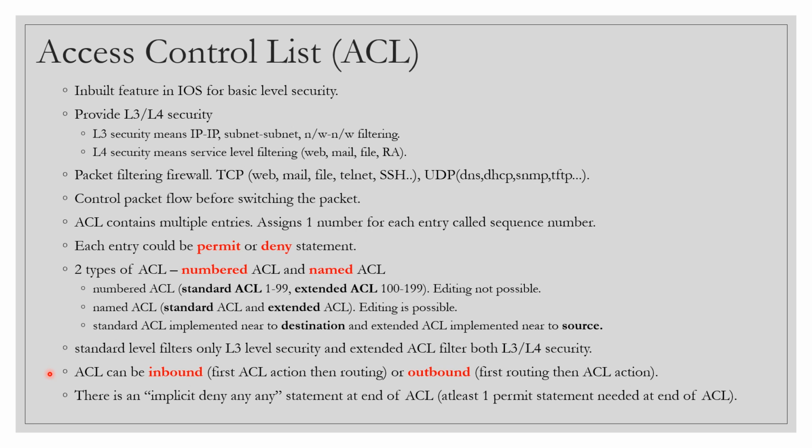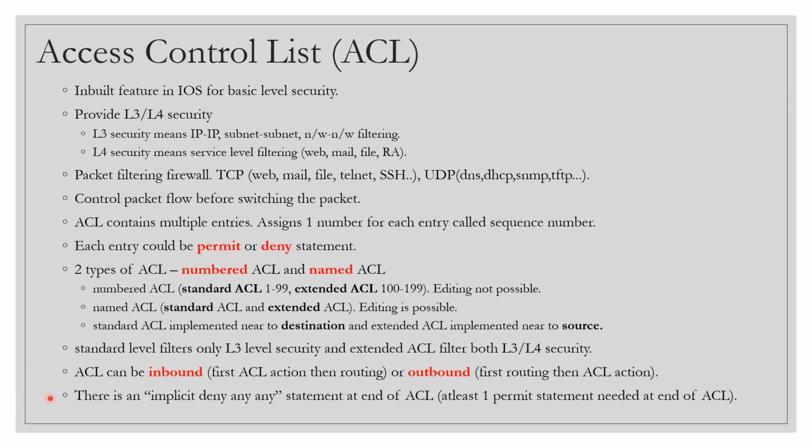If you apply the ACL on the outbound interface connecting to another router or the ISP, your routing will take place first and then your ACL action will happen. You cannot apply both at the same time. Either inbound or outbound should be applied. That depends.